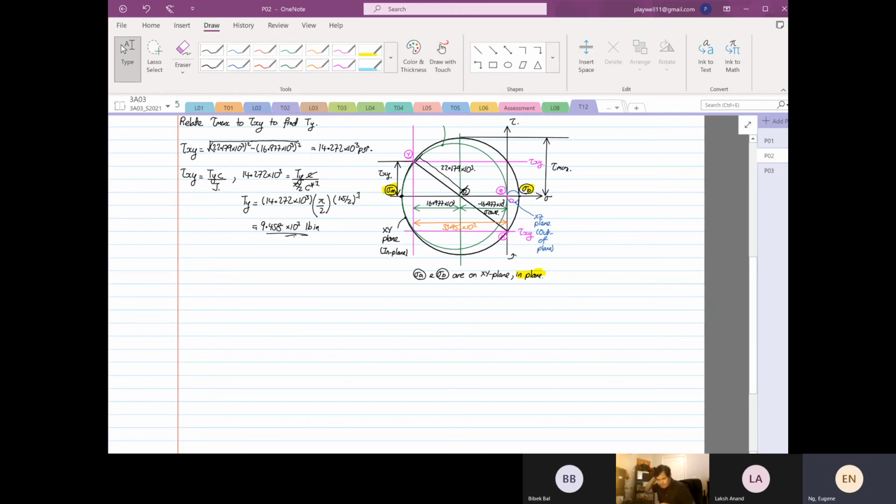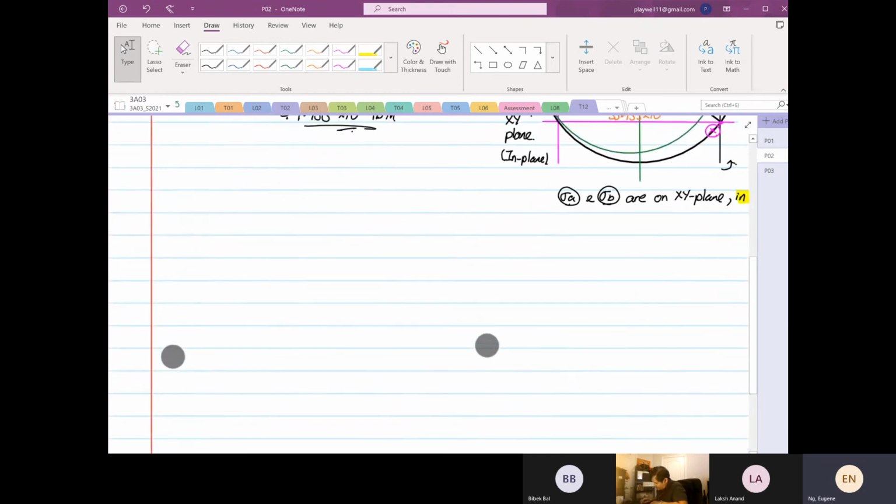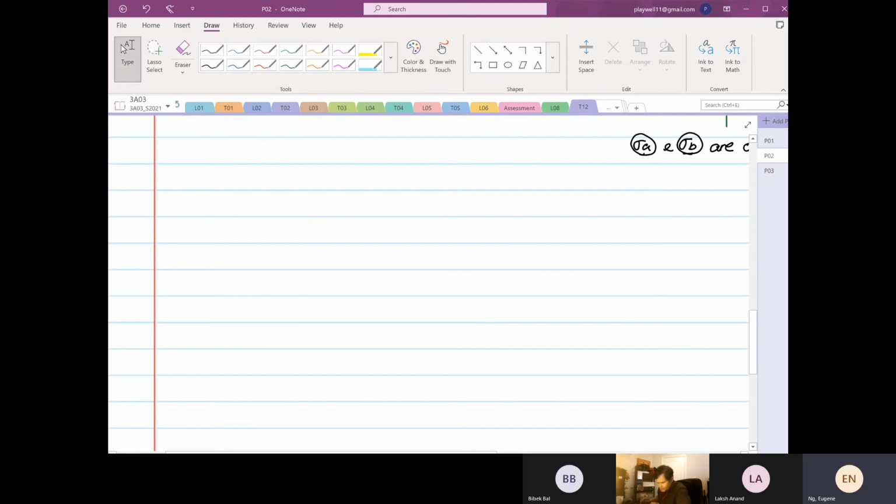So now I'm going to apply the maximum shear stress criteria. Okay, so find the torque using the Tresca criteria.